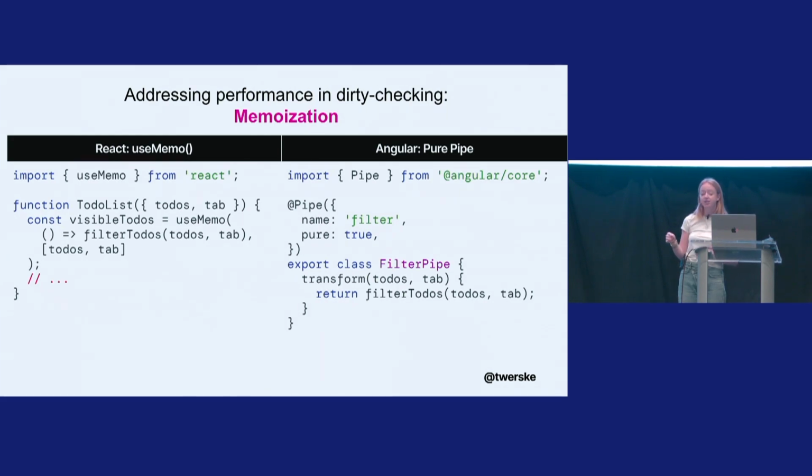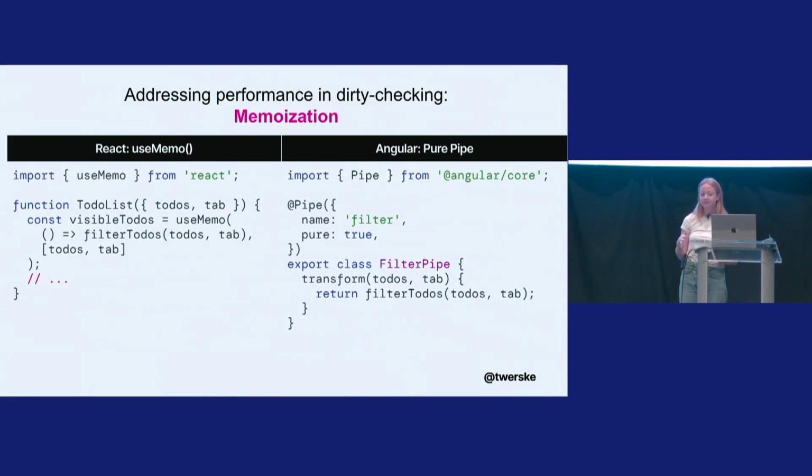And so memoization is a technique for optimizing expensive computations such as array filtering, caching results, avoiding recomputation, unless the specific dependencies of that computation change. So think about if you have a massive array that you're filtering and you know that nothing in that array has changed but other parts of the component have, wouldn't it be nice if you memoize that result, you have that result cached on the browser, and you don't have to redo that computation every time to update that component?